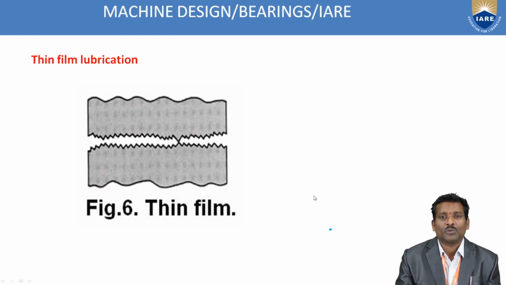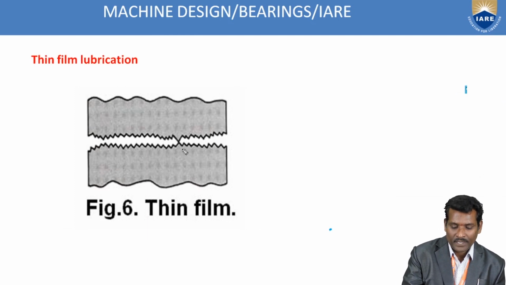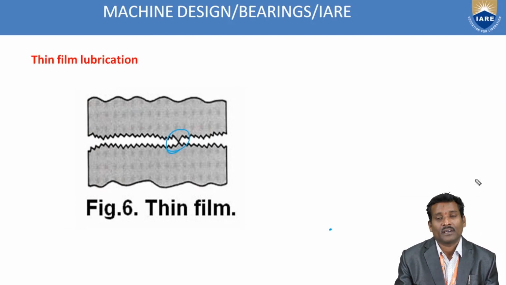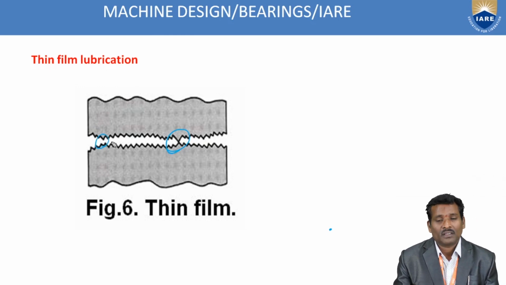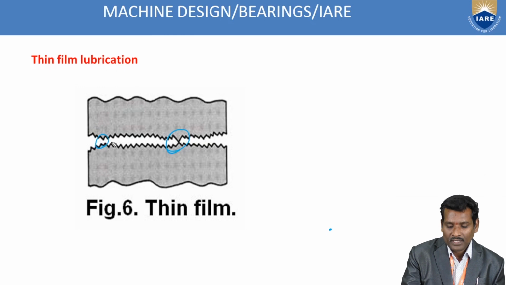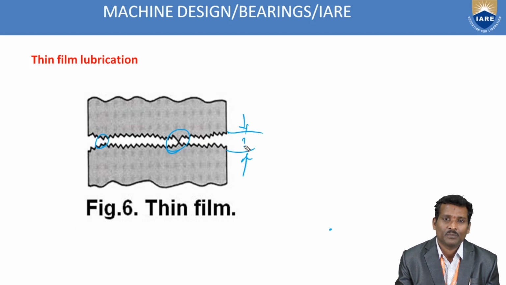Next one, thin film lubrication. Here you can find there is some metal to metal contact, and here also somewhat contact is there. And here the gap between these two surfaces is very less when compared to the thick film. Very less gap is there, so it means metal to metal contact is possible in this type of bearings.